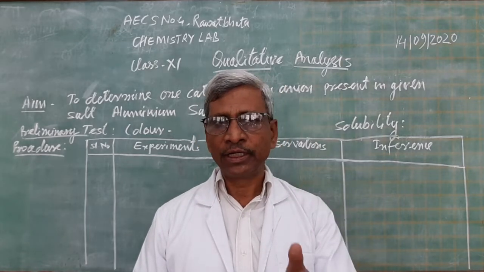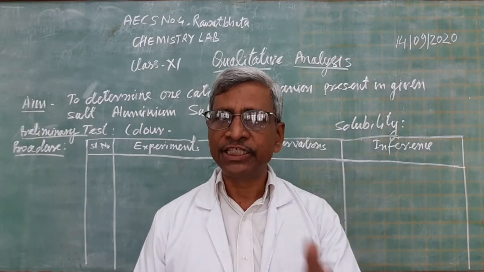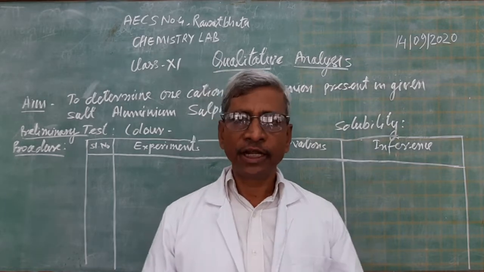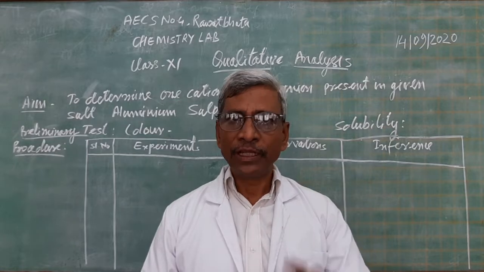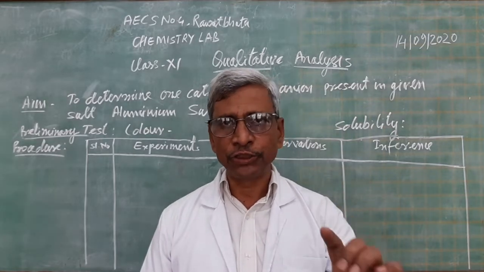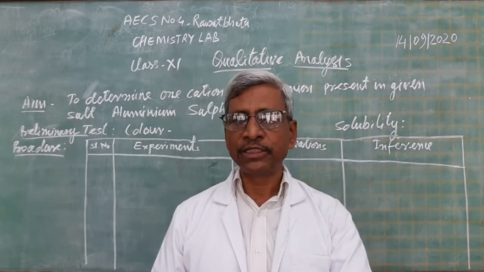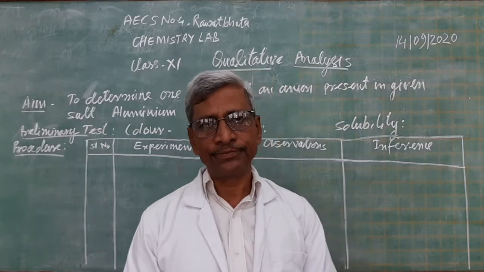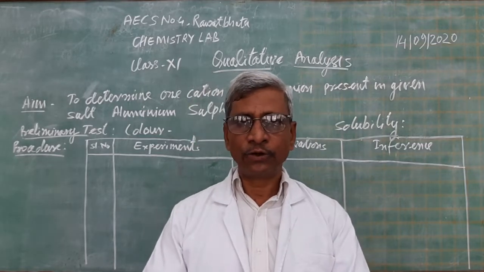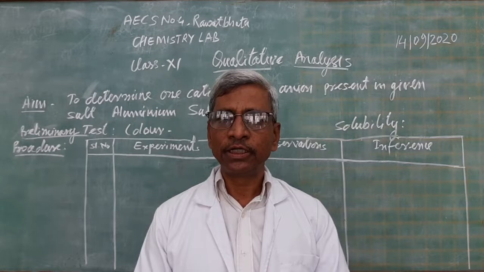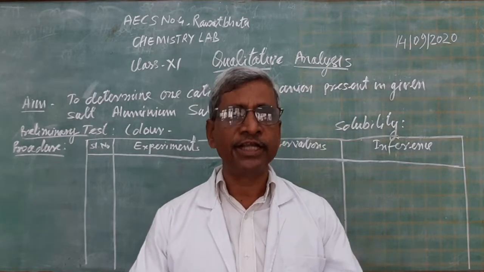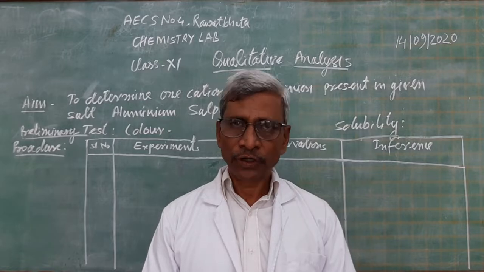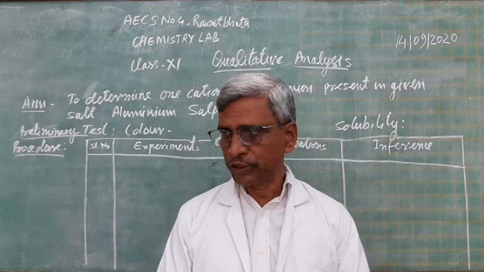Each group of cations has a group reagent. For cation analysis, except for zero group ammonium, we prepare an original solution by dissolving the salt in a suitable solvent. Then the group reagent is added to the original solution to determine the group of the cation. Okay, students? So let me proceed.